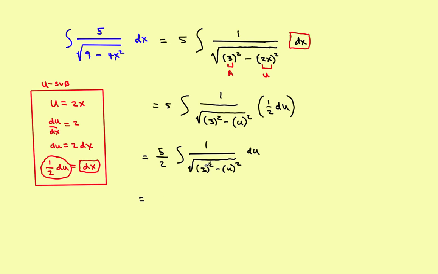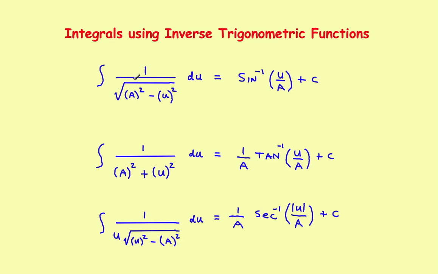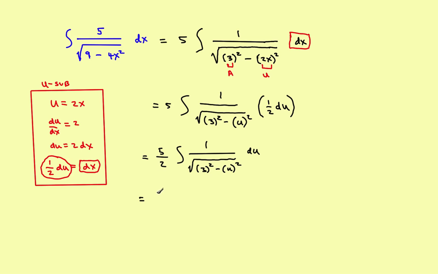Okay, so finally what this does, this thing now agrees, look at your formulas, this thing now agrees with this formula right here. So you can change it into the inverse sine of u over a plus c. So this becomes 5/2, and this integral turns into, now again when you do this, remember your a is going to be 3 and the u is going to be 2x. So as I change this, this will become the inverse sine of u over a, which is 3, plus c.